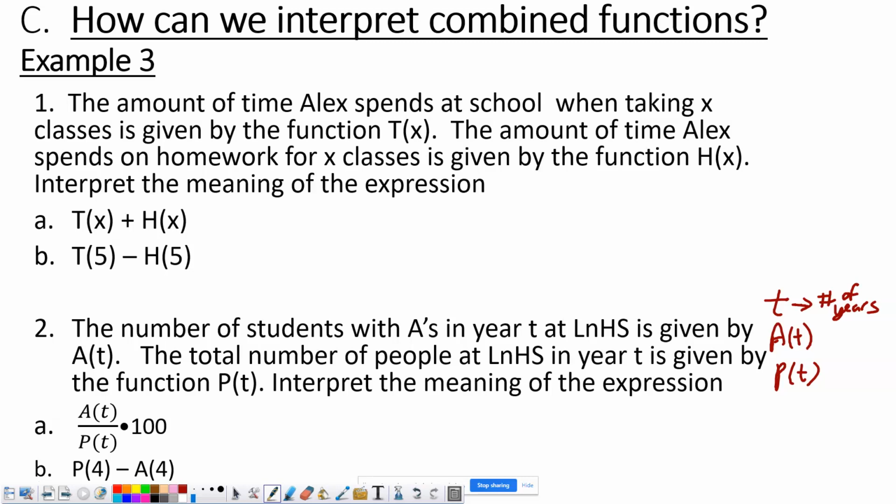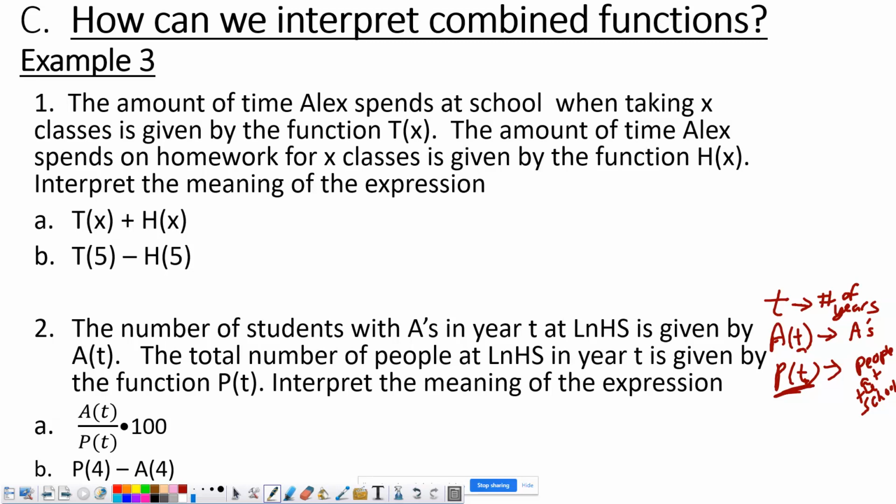Now, what does a of t represent? A of t represents the number of people that have A's in that year. And what does p represent? P is the total number of people at the school in that year. So A represents how many A's there are in the year t, and P represents the total number of people at the school in the year t.